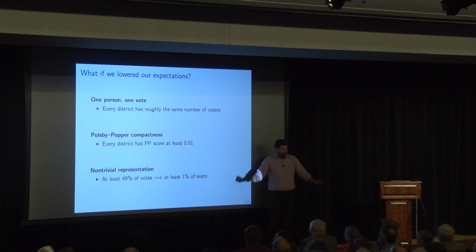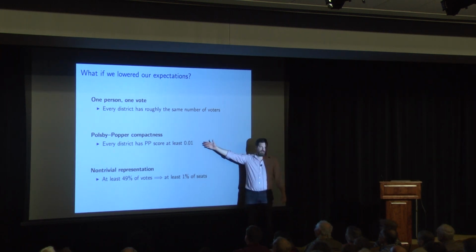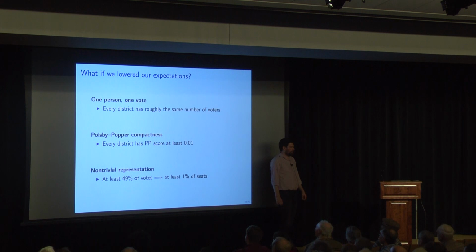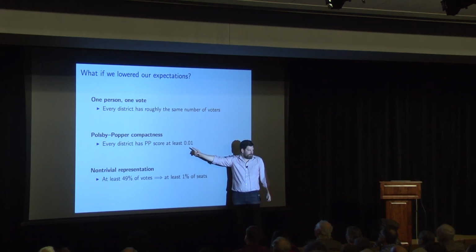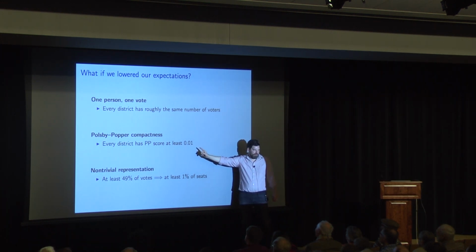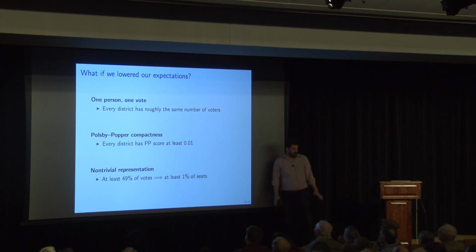Okay? That's all I want. Let's say that's all I want, for the sake of argument. Let's see what happens. Also, I want my districts to not look weird. Remember that U shape, how it was a 0.05 Polsby-Popper score? Let's ask for it to be at least 0.01, okay? I'm not asking for much.